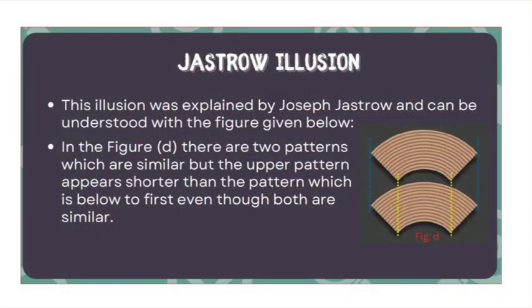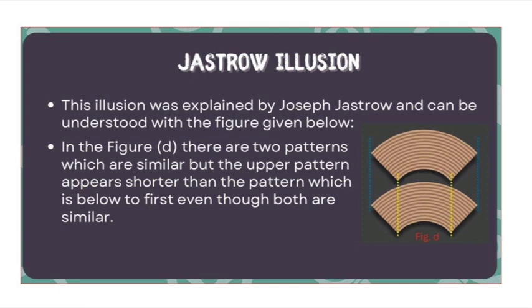Next is the Jastrow illusion. This illusion was explained by Joseph Jastrow, the name of the scientist who worked on it, and can be understood with the figure given below. In this figure, there are two patterns which are similar.